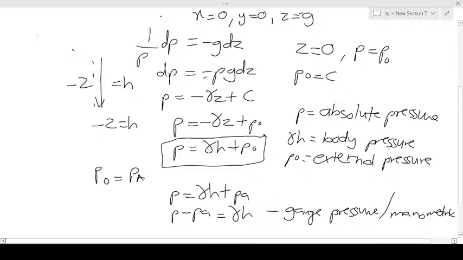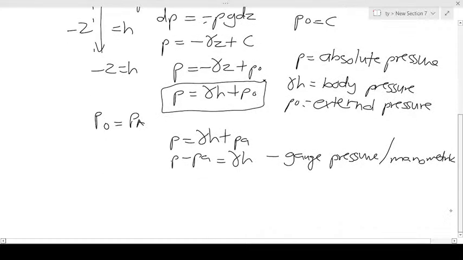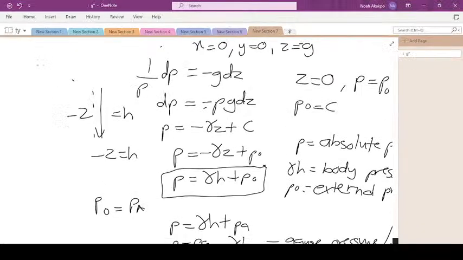Okay, so let's take an example. Oil with specific gravity 0.8 forms a layer 0.9 meters deep in an ocean tank that is otherwise filled with water at 10 degrees Celsius.